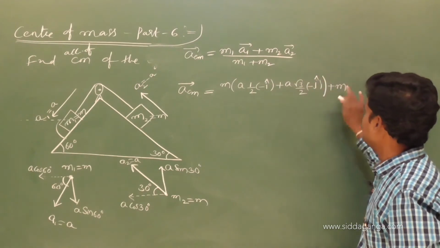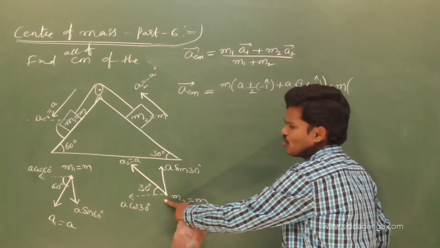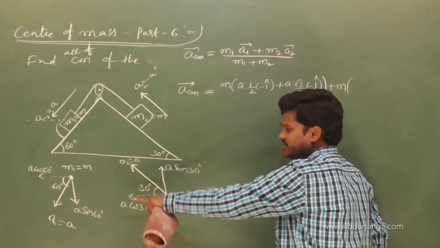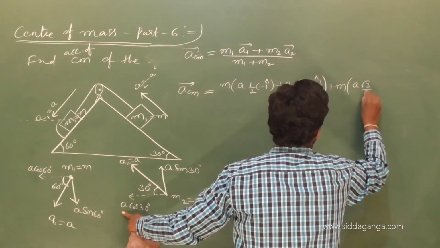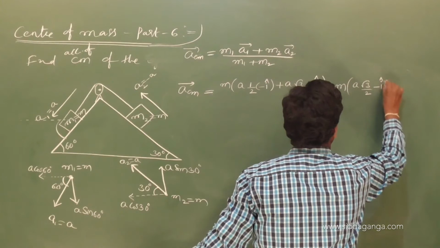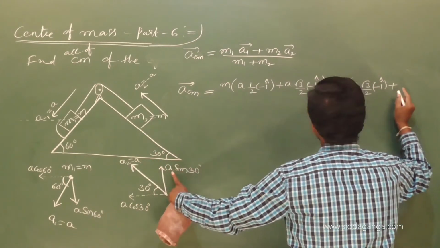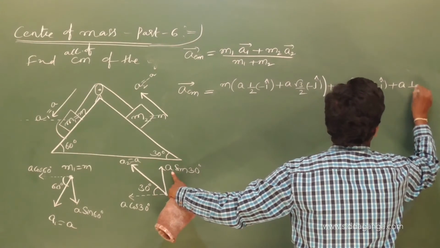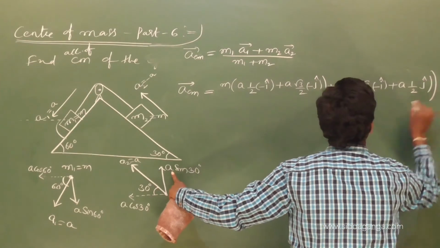Coming to a2. m2 is m, a2. a2 is also resolved into two components. A cos 30 minus i cap, A cos 30 means root 3 by 2, left side means minus i cap. And upwards is nothing but plus j: A sin 30 plus j cap.